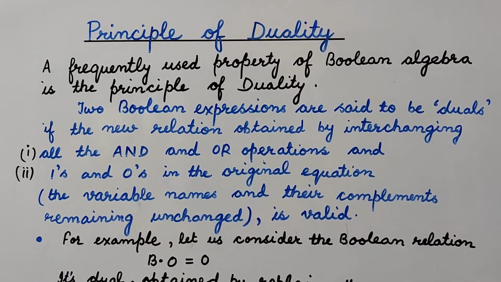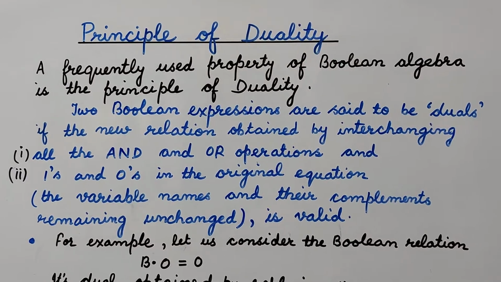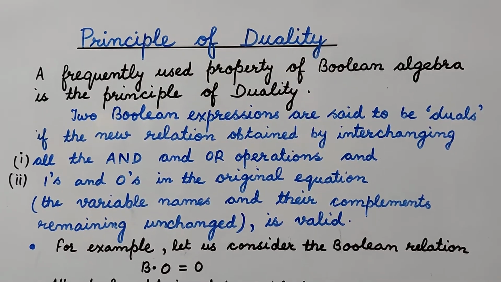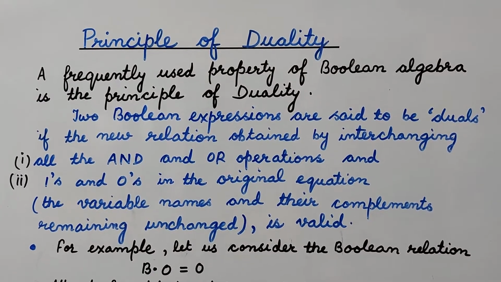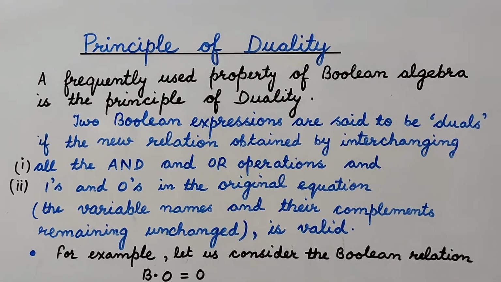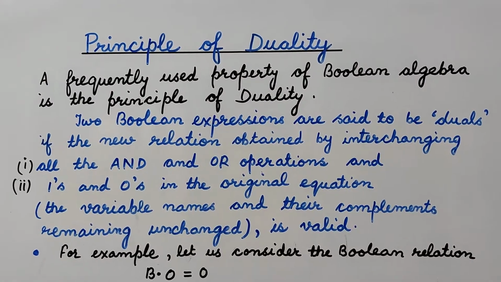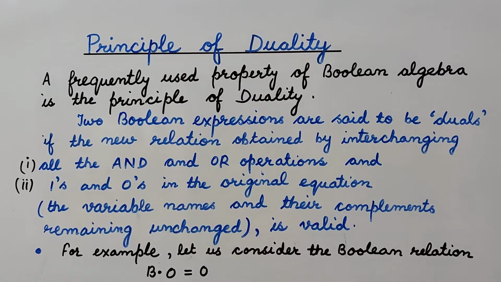That is, if we are given any relation, then to obtain its dual, we will interchange the AND and the OR operations, and we will replace all the ones by zeros and all the zeros by ones.